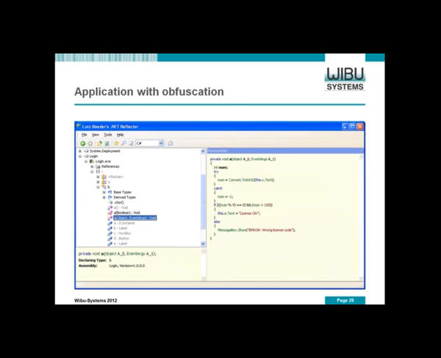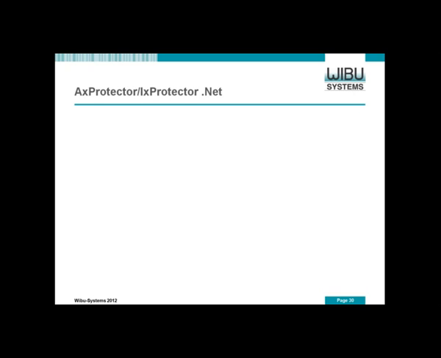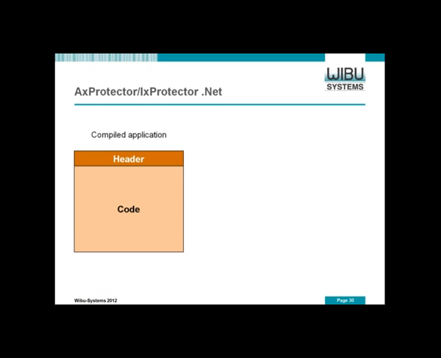And so here you see an obfuscated application, which makes it a little bit harder to crack, but the code is still readable. And the solution to this is our AX and IX Protector for .NET.